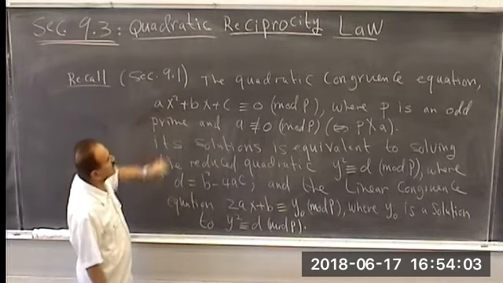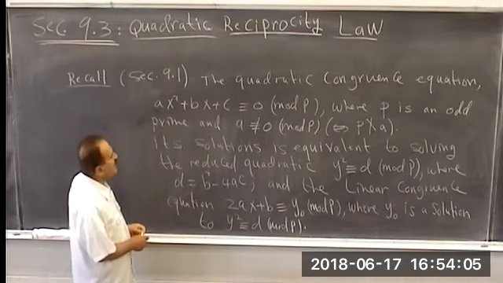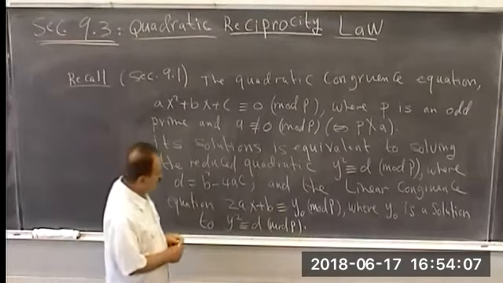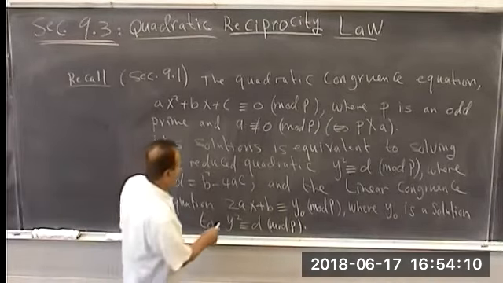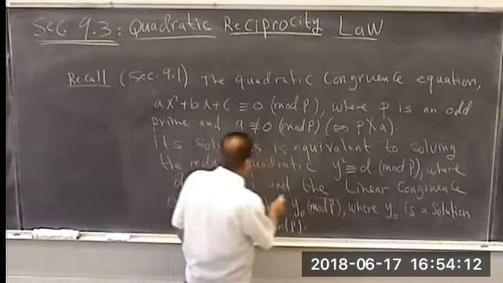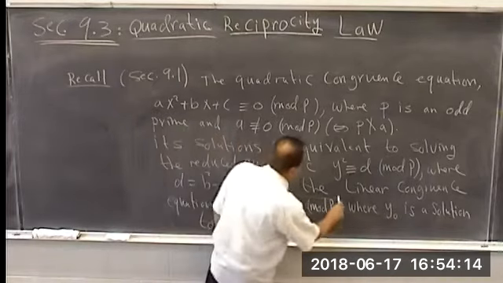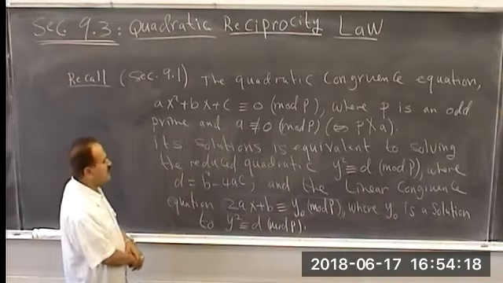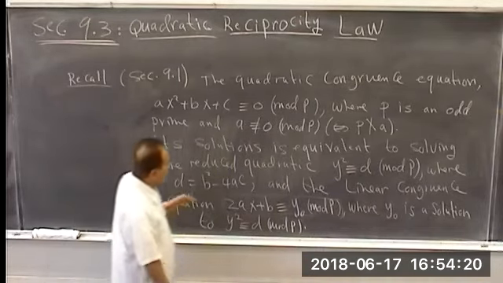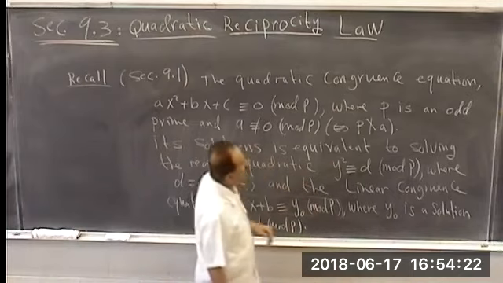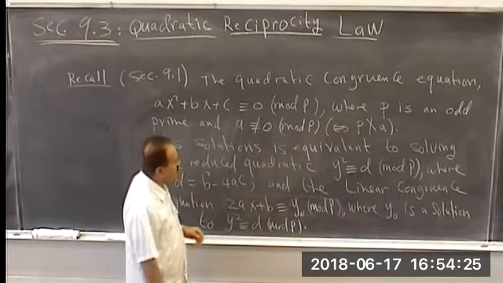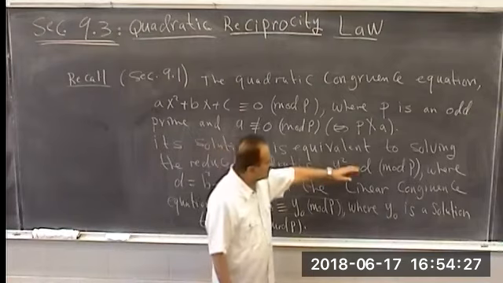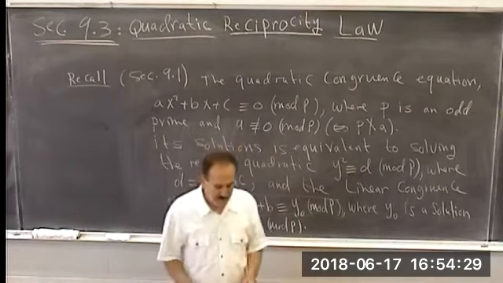This is what we discussed in section 9.1. The linear congruence we talked about back in chapter 4, and we know how to solve these. So what remains is to find a solvability criterion for y squared congruent to d mod p.